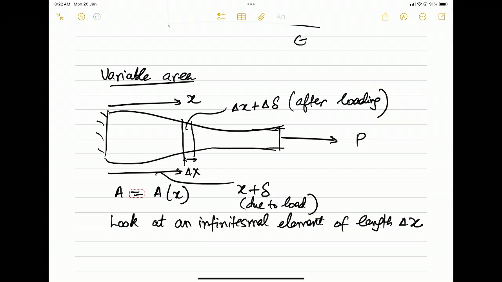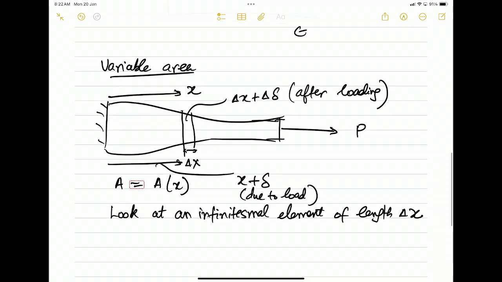So initially this is a variable area rod, and we take an element at a distance x whose length is delta x. This is the undeformed length, and after the deformation, the x portion becomes x plus delta, and the delta x becomes delta x plus delta delta.